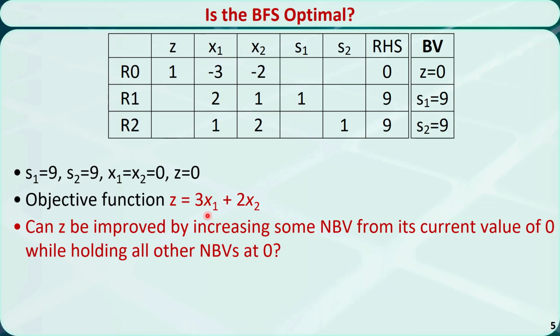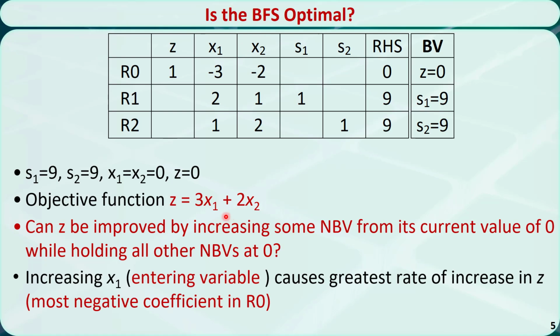Right now, the two non-basic variables are x1 and x2. They're both 0. If we increase x1 from 0 to 1, the z value will increase from 0 to 3. If we increase x2 from 0 to 1, the z value will increase from 0 to 2. So increasing either non-basic variable will increase z. The current basic feasible solution is not optimal yet.